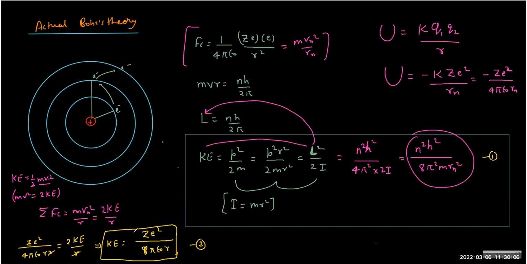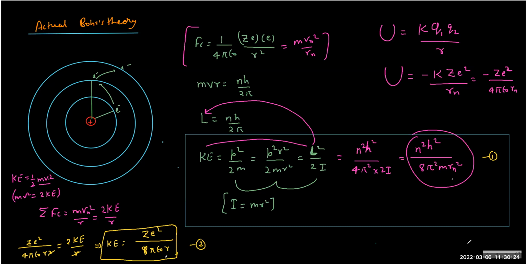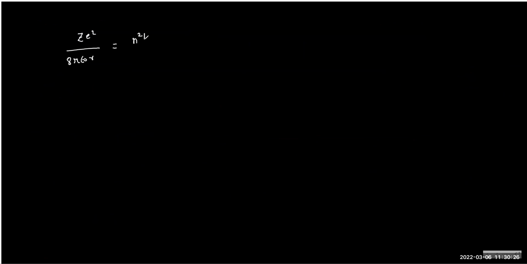So now let's bring these two together and let's get our first formula. And in fact, you can see the potential is not at all required, right? So are we using potential for the calculations? No. So the R calculation is very easy. Z E square upon how much is that? Sorry, and I don't remember any of this.